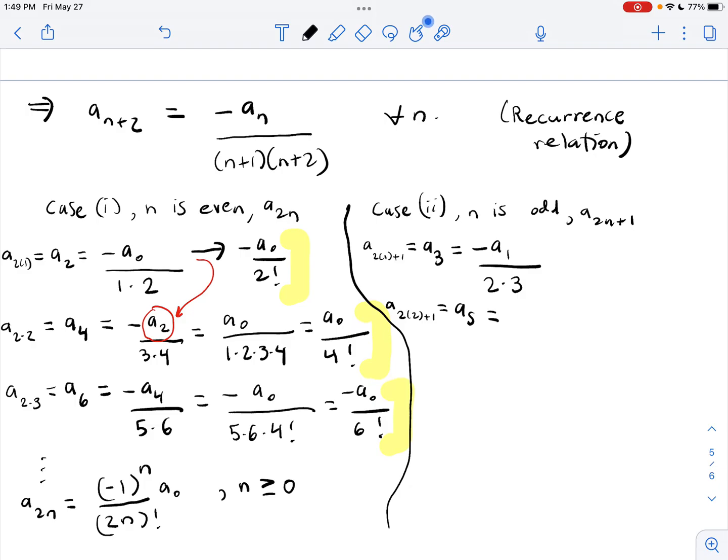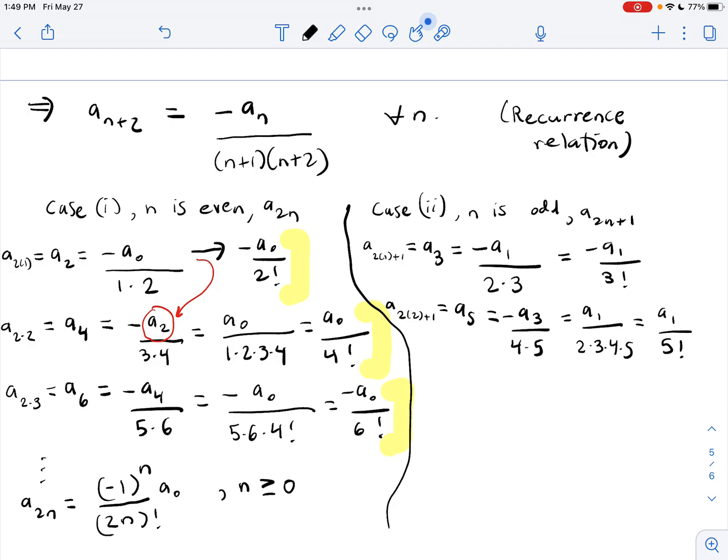It's going to become negative a3 divided by 4 times 5, which if you plug in what we got before for a3, it's going to become positive a1 over 2 times 3 times 4 times 5. And so it should be clear here that this is negative a1 over 3 factorial. This is positive a1 over 5 factorial.